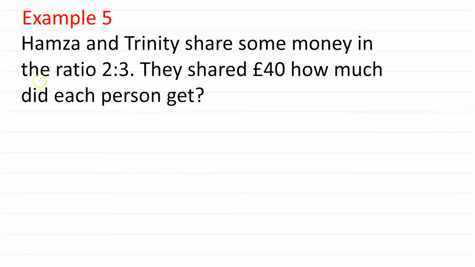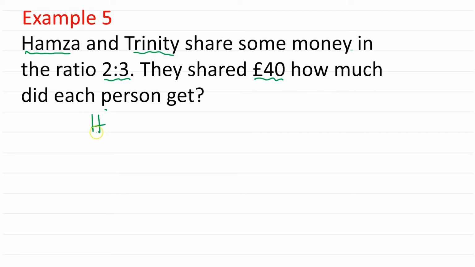Right, now let's do some worded question. We're told Hamza and Trinity share some money in the ratio 2:3. They shared a total of £40. How much did each person get? Right, it's very important, first of all, to remember, if we start with Hamza, we need to start writing with Hamza.